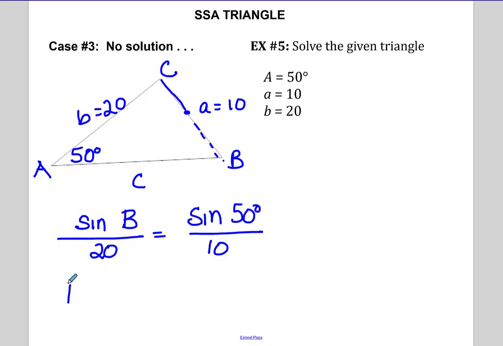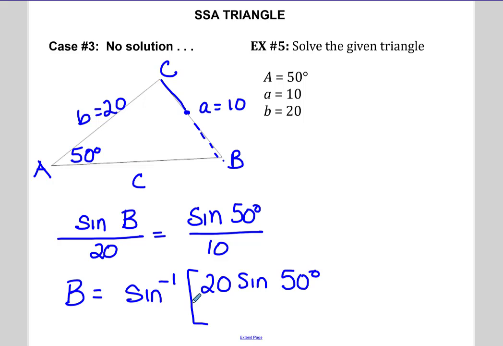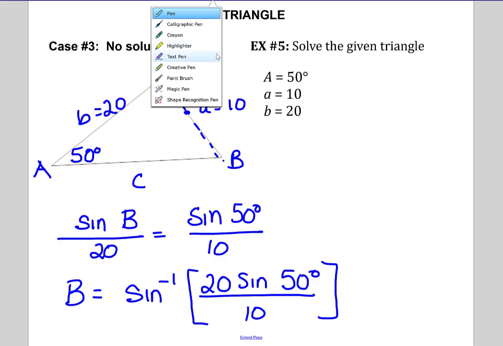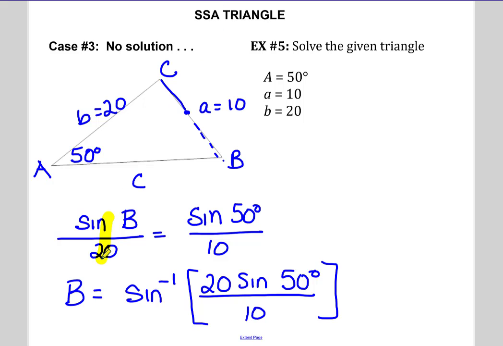So if we did that math, we're going to see on our calculator something that's going to give us that indication. Now, not every calculator says the same thing, so I want to show you what my Inspire does. Remember, I'm looking for the angle measurement. So if I want the angle measurement, I've got to take the sine inverse of the proportion 20 sine 50 divided by 10.